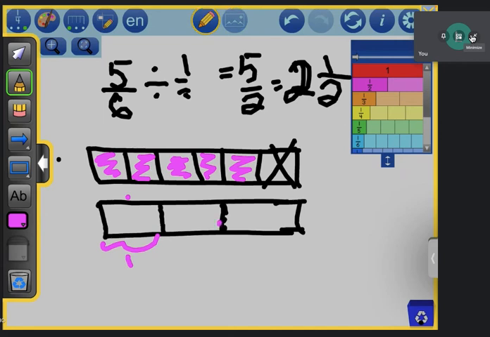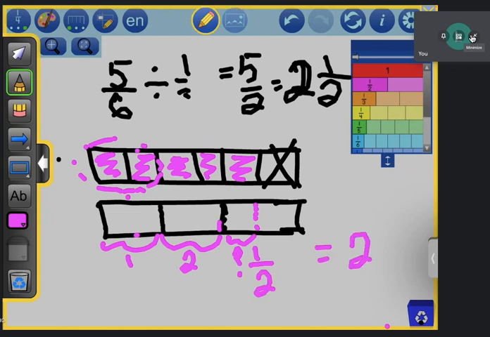And we see we have another 1/3 that fits in 5/6. And now over here, we need to find out what this equals. And I actually noticed that each of my 1/3s has 2 of the 6s. So if each group is 2, I have 1/2. And that gives me 2 1/2.